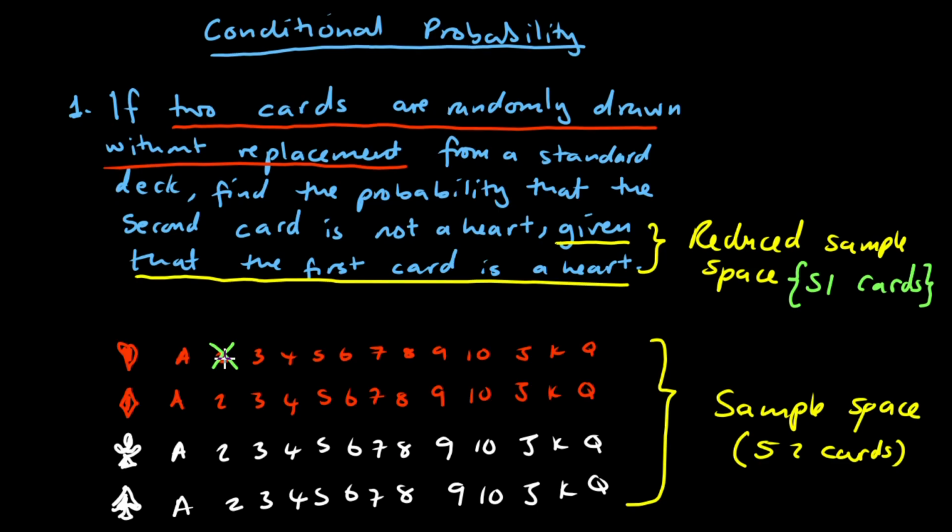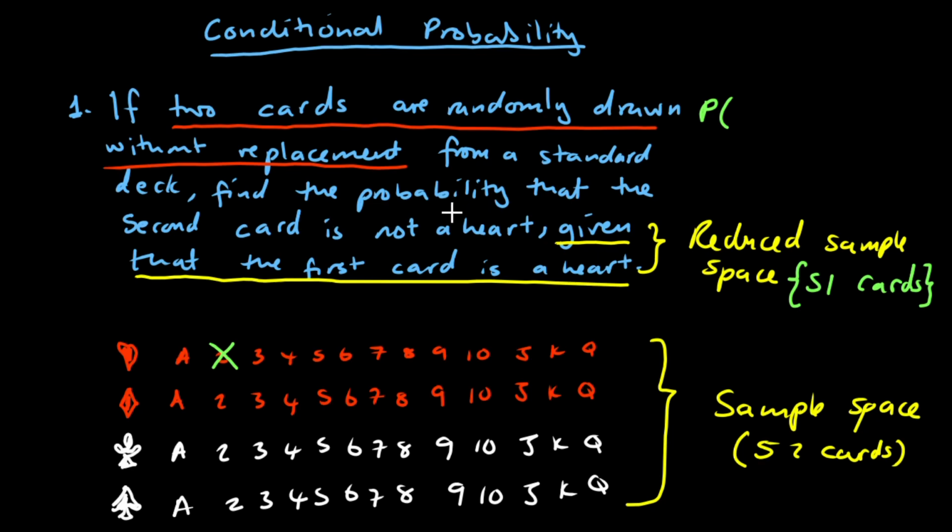Nothing else happened. Now, what is the probability of picking a card that is not a heart? Which cards are not a heart from here? All these other cards are not a heart. So how do we write it?